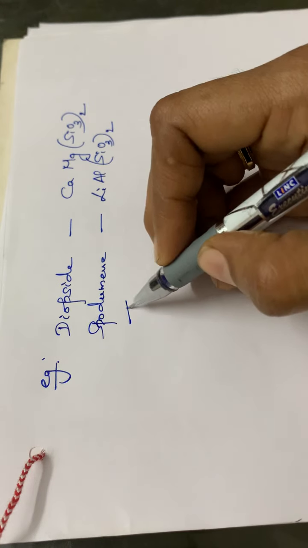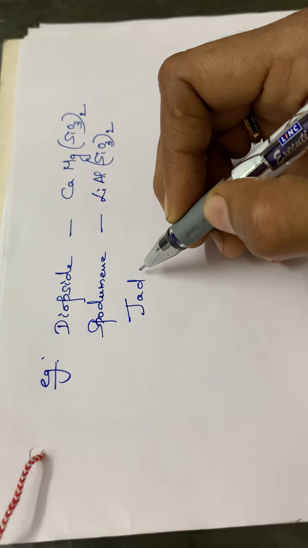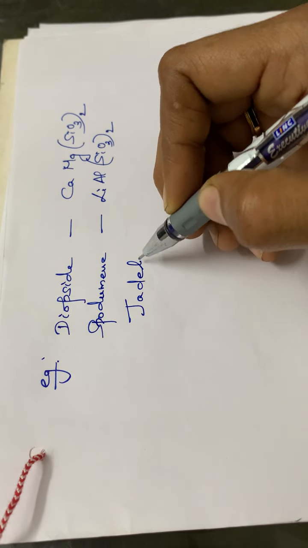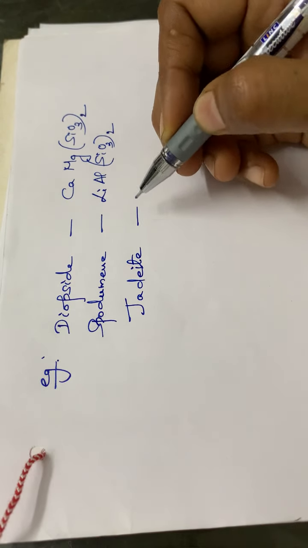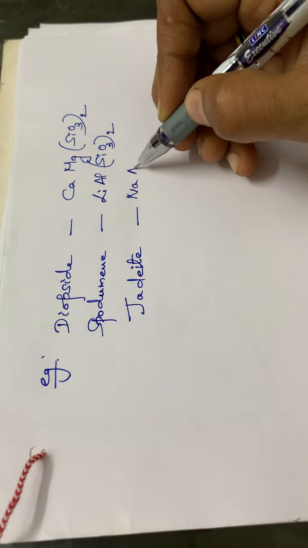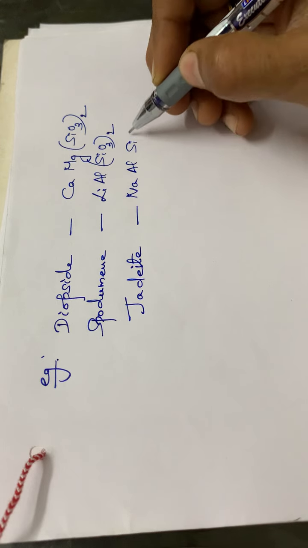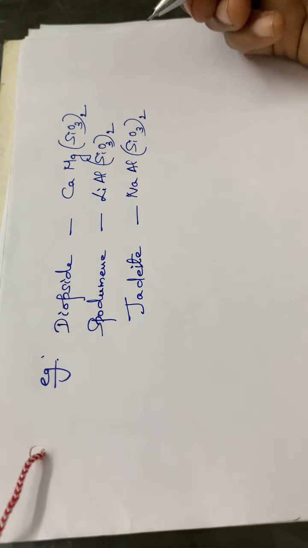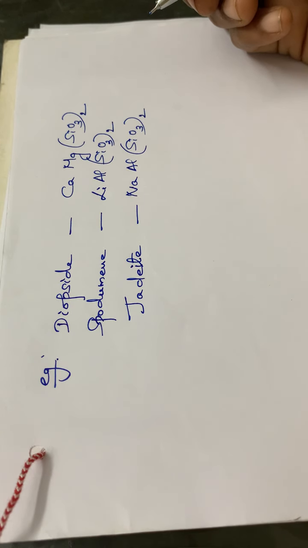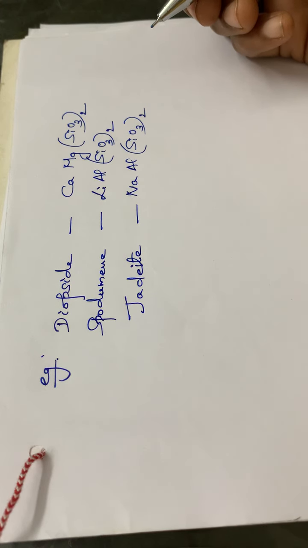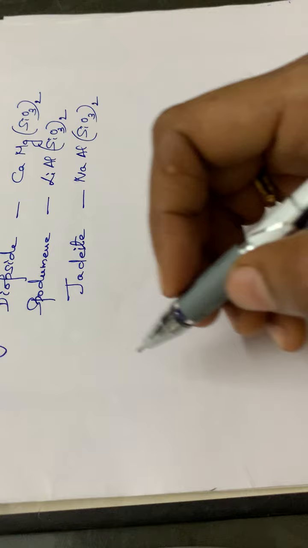Another one is jadeite, that is sodium aluminum silicate, NaAl(SiO3)2. So these are some of the examples for simple chain silicates. Then the next category is the double chain silicates.